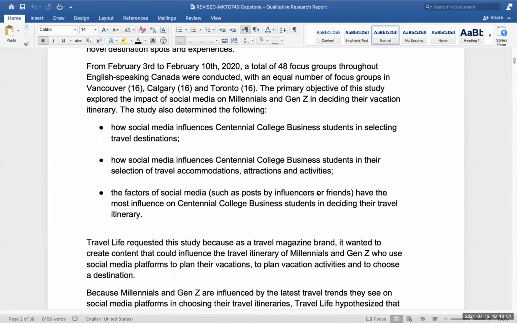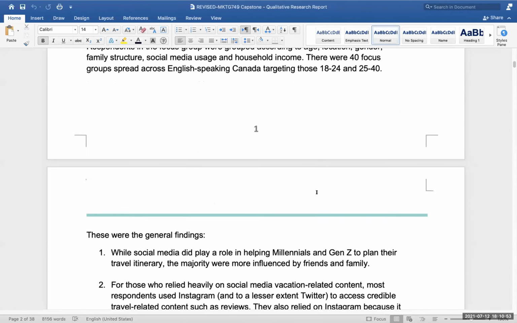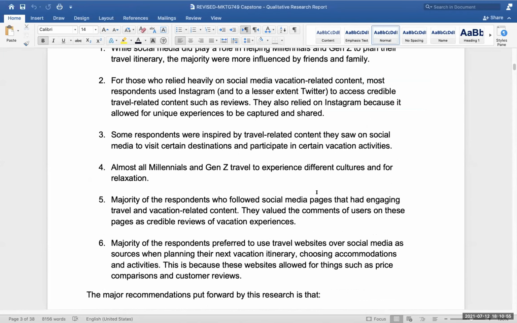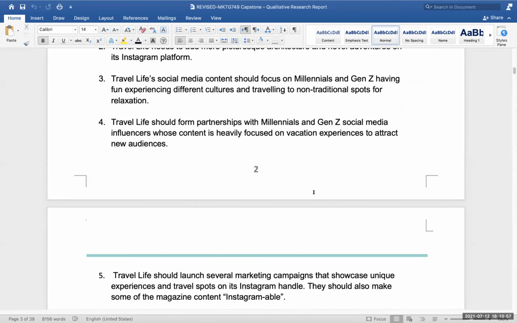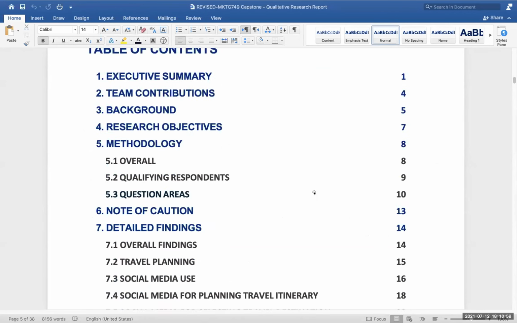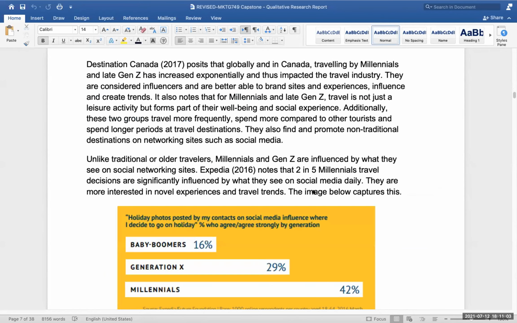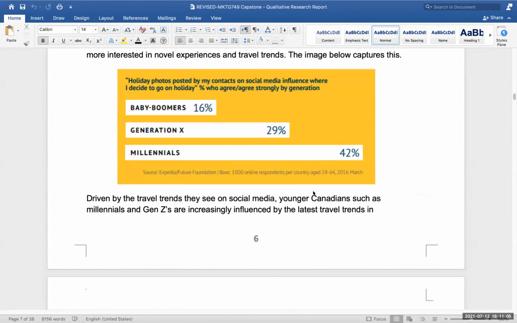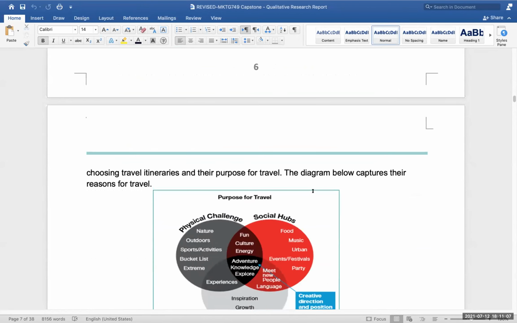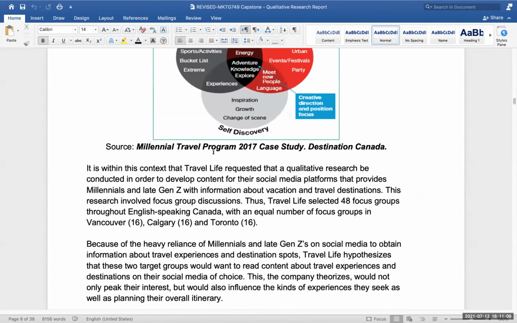So let's ignore the executive profile, which is the last thing that you write when you're carrying out marketing research or market research. All right, so this is the part that is important. So the context of the research, let me just highlight this.